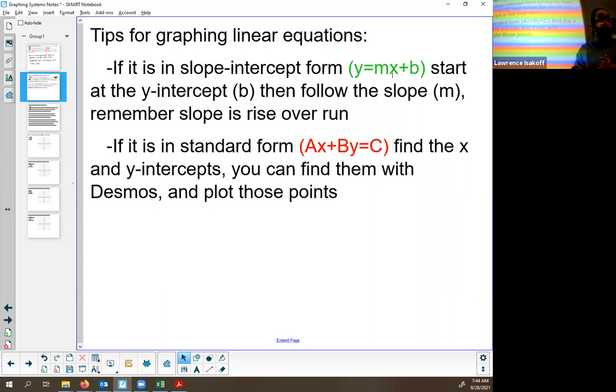The more accurate your lines are, the better your results. That's the one flaw with this graphing method of solving, is it's so visual based that if you're sloppy with your drawing, if you're sloppy with your plotting, it's going to throw your answer off.